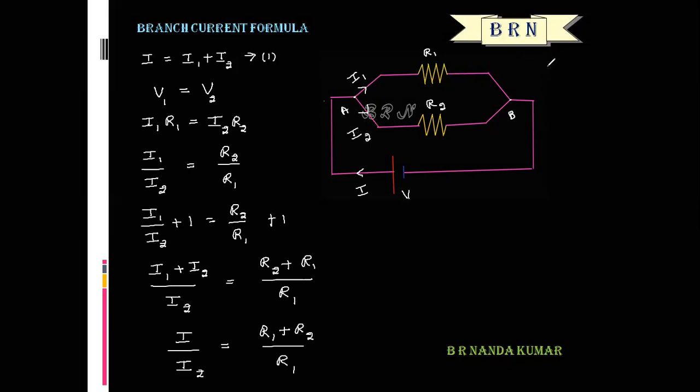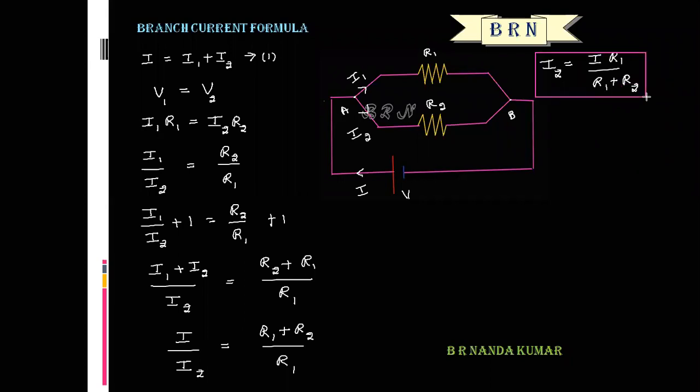So here the branch current I2 is equal to I R1 divided by R1 plus R2. So this formula is very important.